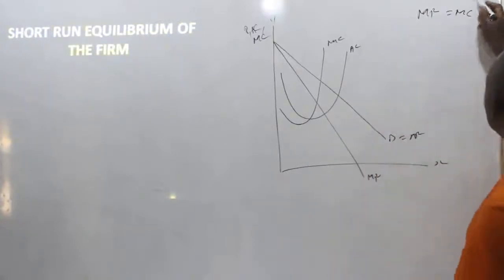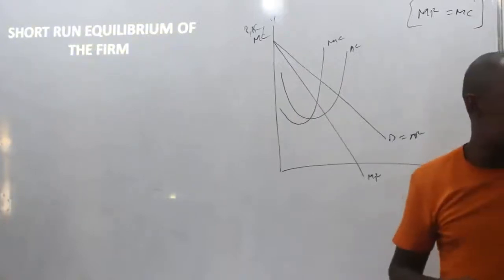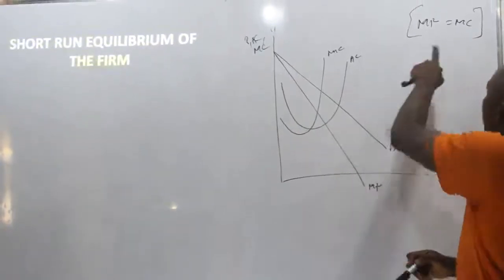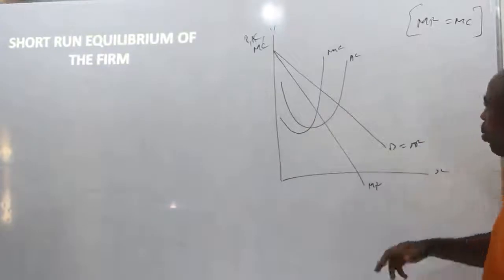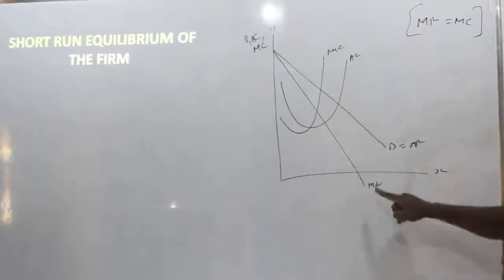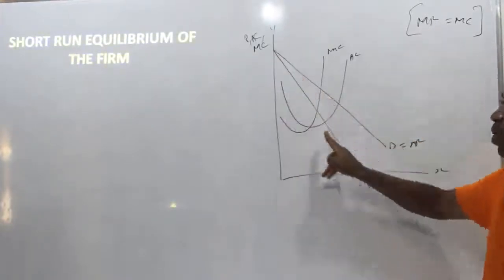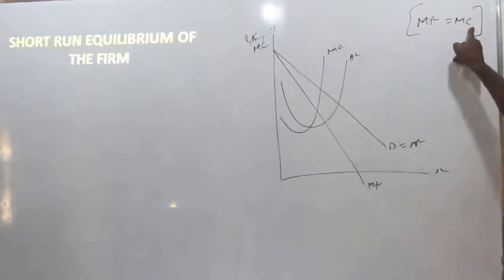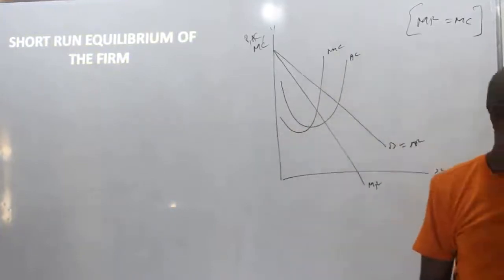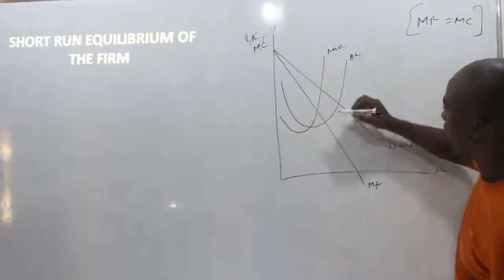So this is the condition for profit maximization. Now, where is this condition met here? Look at it. Where is marginal revenue here? This is marginal revenue. So this line is the marginal revenue line. So where is our marginal cost? This is the line. Where is the meeting point? This place.